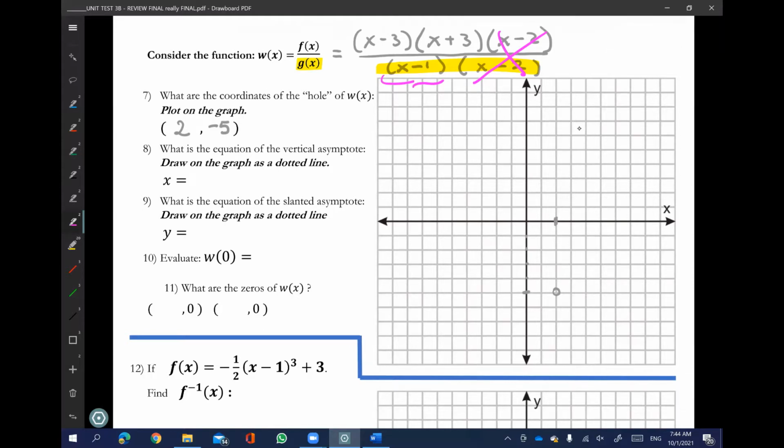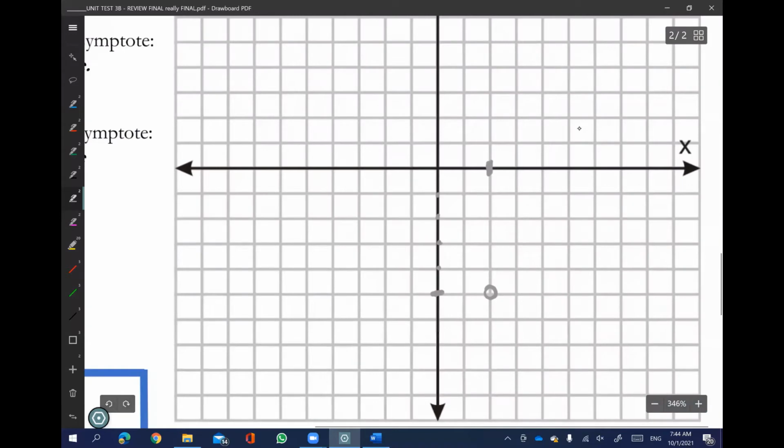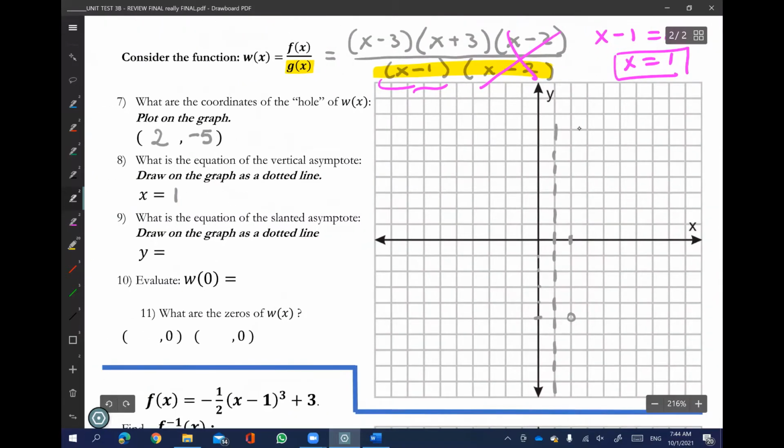So if x minus 1 equals 0, that means that x equals 1. And that will give you your vertical asymptote, x equals 1. So at x equals 1, put that as a dotted line. This is what you would get. Vertical line, remember?